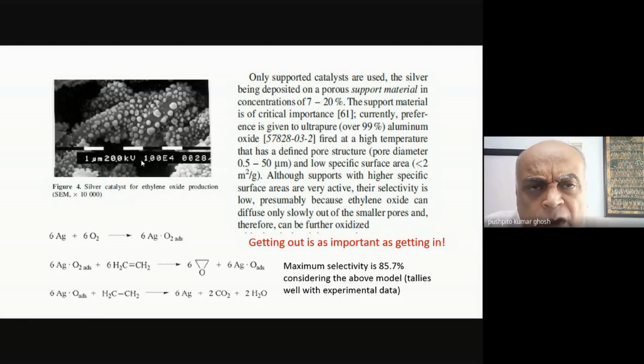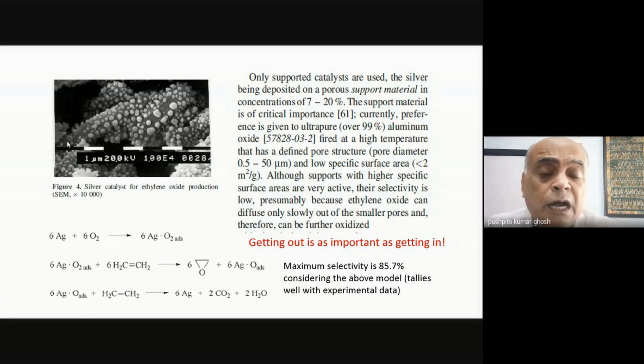Typically, when we talk about catalysis, it's a catalyzed reaction, and it is catalyzed by silver. You can see these are islands of silver on an alumina catalyst. So the support is alumina, and these are all silver metals. Look how discretely they've been put over there.